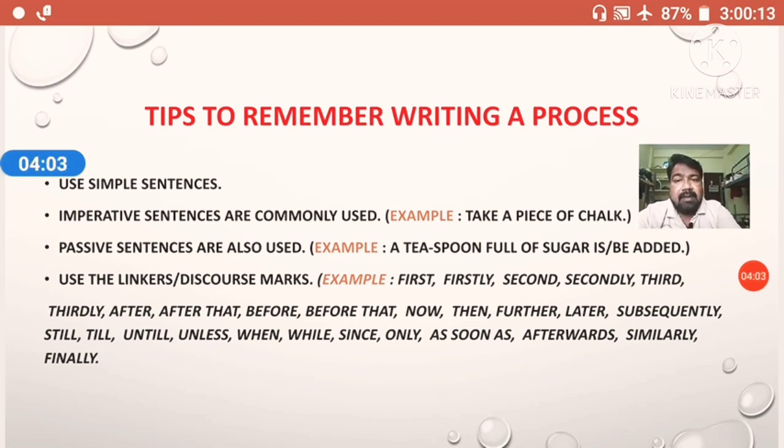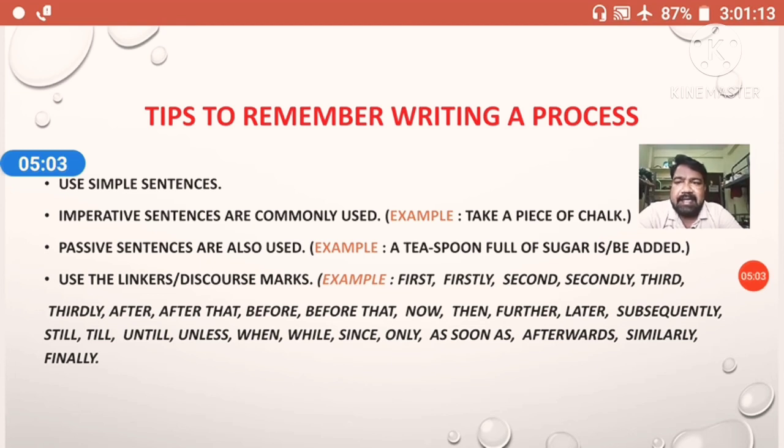Fine. Now we can decorate the describing process by using linkers. What are linkers? You have to use linkers also when you write the process. These linkers are also called discourse markers. Fine. Let me read the list of discourse markers. First, firstly.